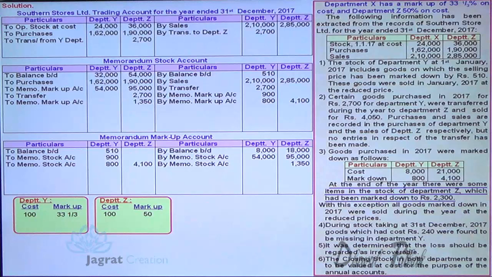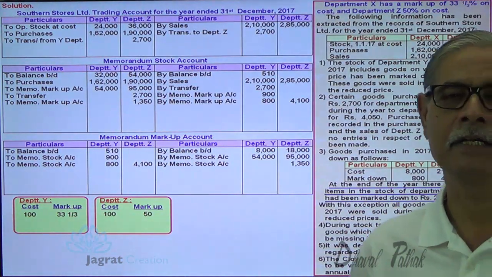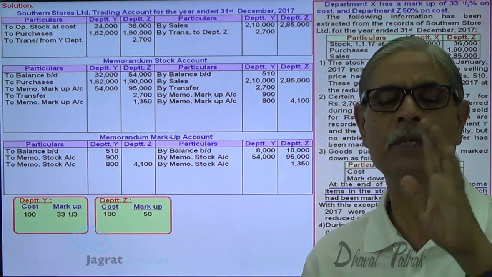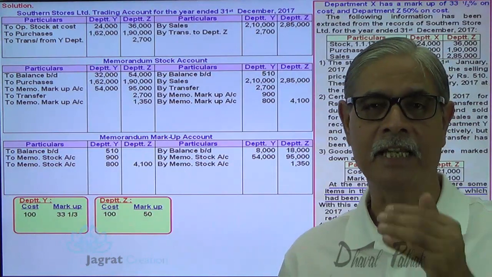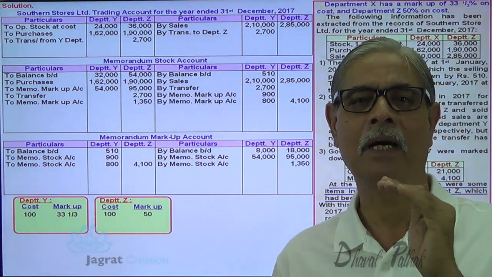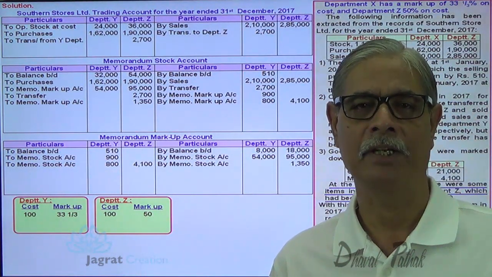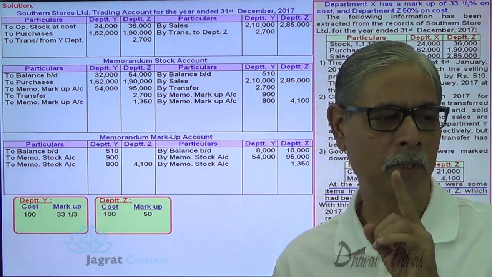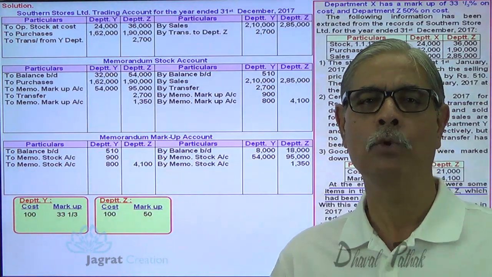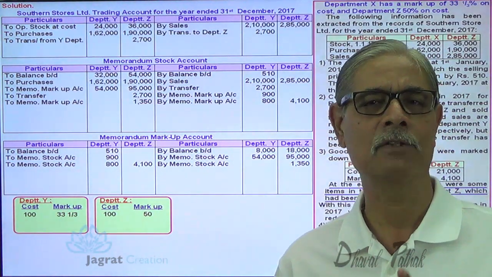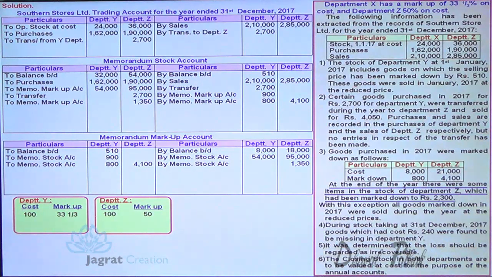At the end of the year, there were some items of stock of Department Z which have been marked down to rupees 2,300. So this 2,300 is a marked down item unsold at the end of the accounting period. For that, you are required to write the adjustment entry. That is very important. Just observe.